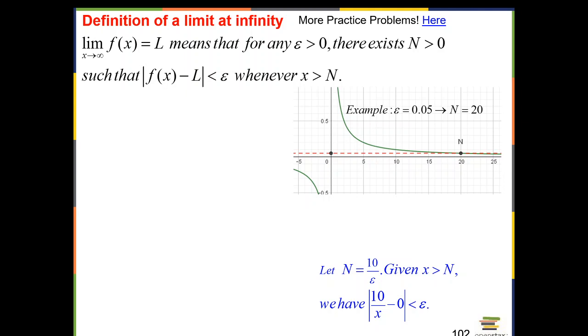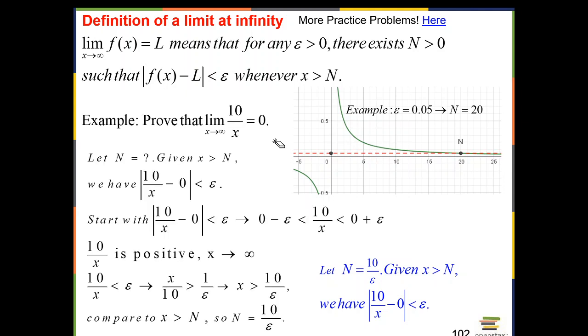Now, here is another example. It says prove that the limit of 10 over x equals 0 when x approaches infinity. In this case, x approaches positive infinity. So when we set this up, the y part of the definition of limit stays the same, the absolute value of f of x minus L is less than epsilon.